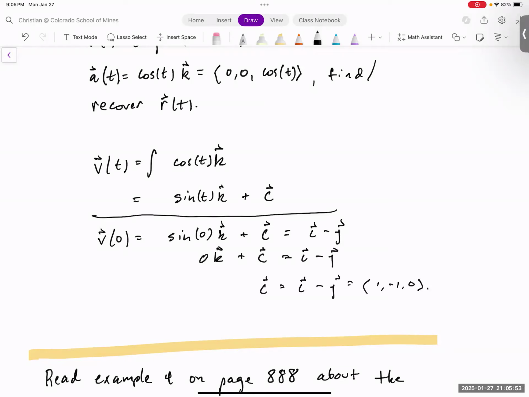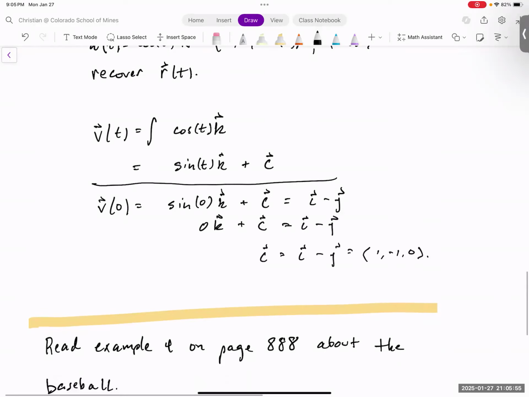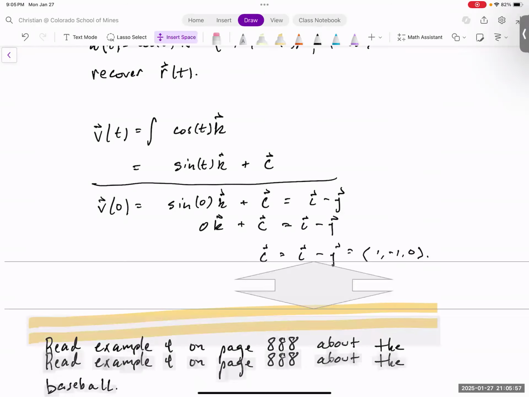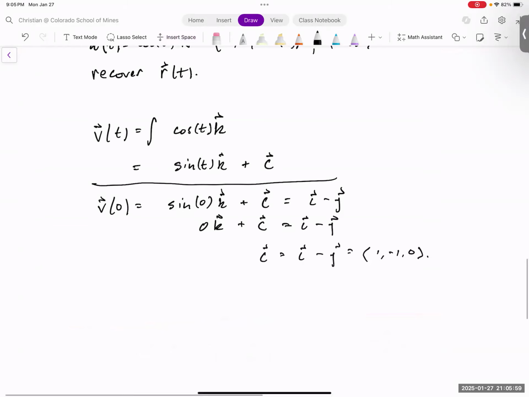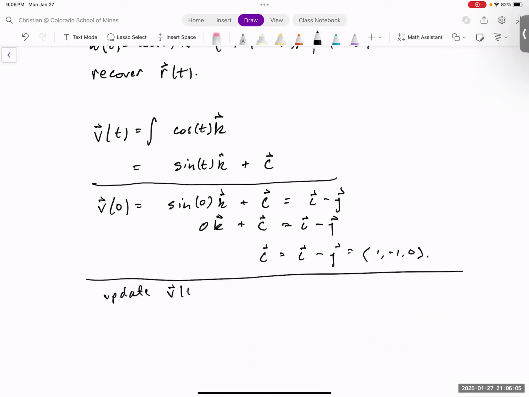So then let's update our v of t. V of t was sine t of k, and then we're going to add c, and c is 1 and -1.